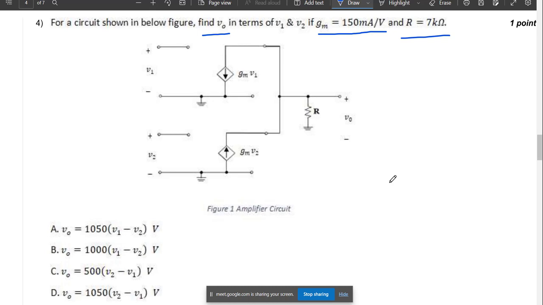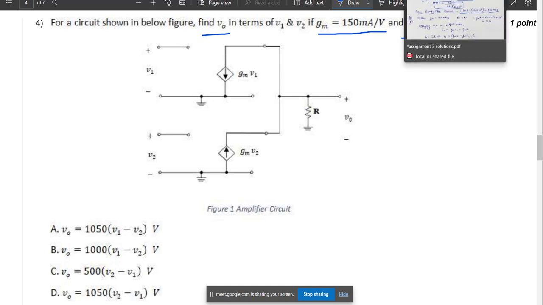What about others? Okay. Let's try to solve this question.